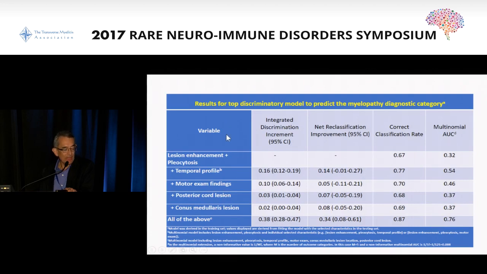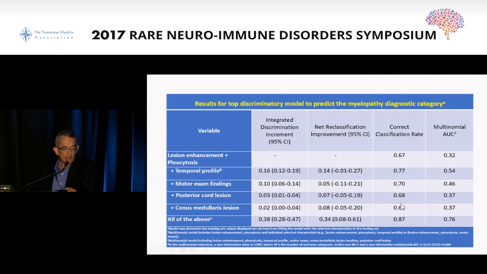So at the end, if you would like to establish a very good diagnosis of inflammatory myelopathy, the clinician needs to take into account not only the MRI findings and spinal fluid findings, but all of these clinical factors, like the temporal profile, the motor examination findings, and the localization of lesions in the spinal cord.